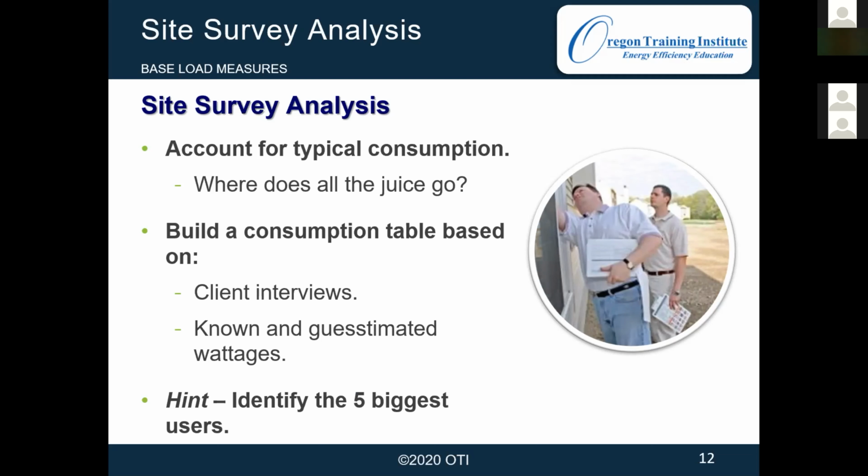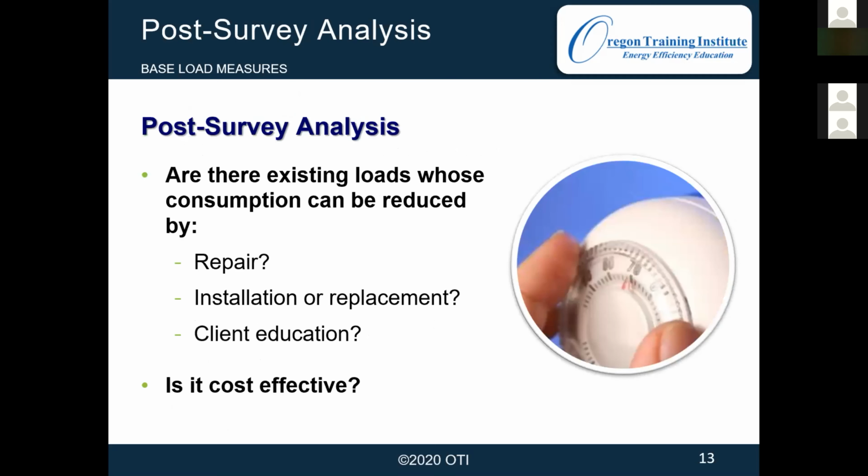Maybe they went on vacation, or the furnace was broken down. We can ask the homeowner and find out what exactly is going on, try to have a better understanding of their energy usage so we can make the right recommendations. And then we can get that into our building modeling software, see what's going to be cost effective.